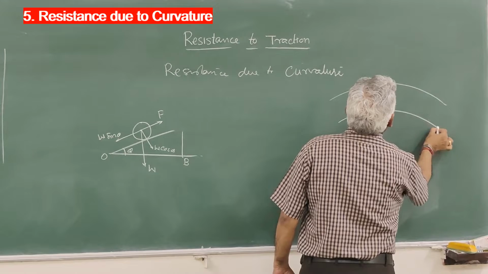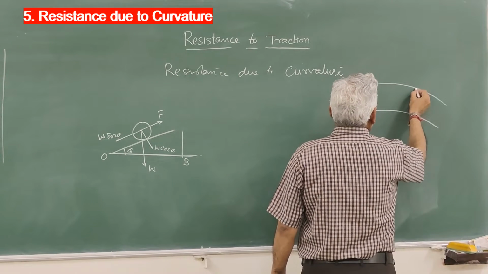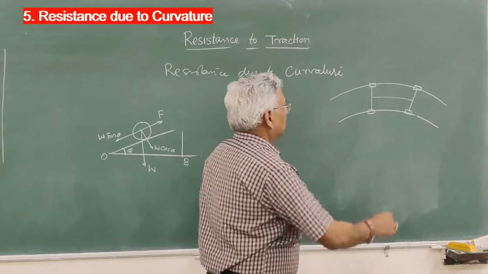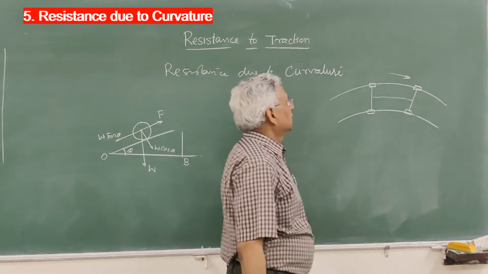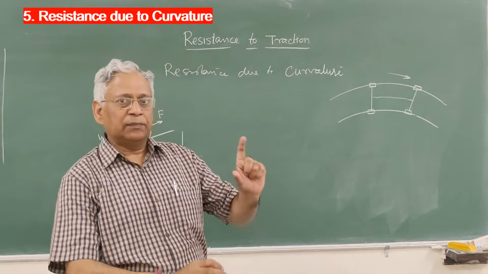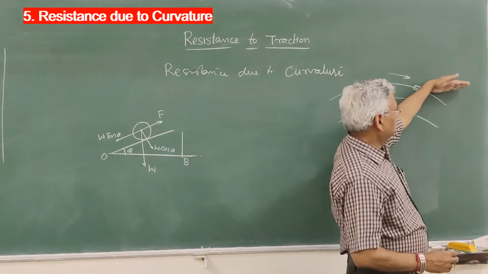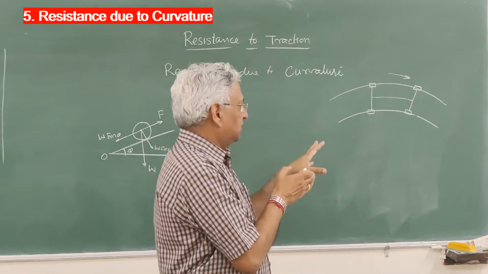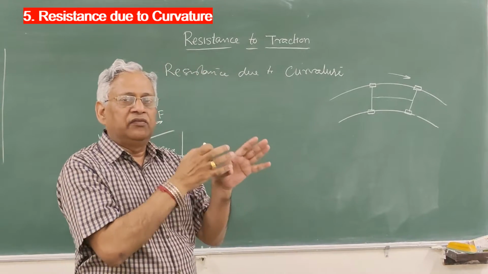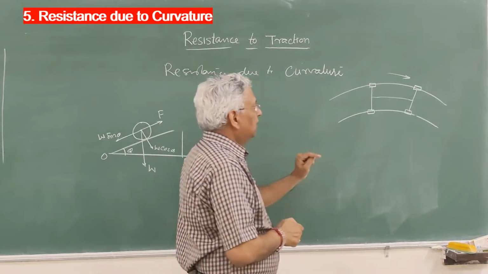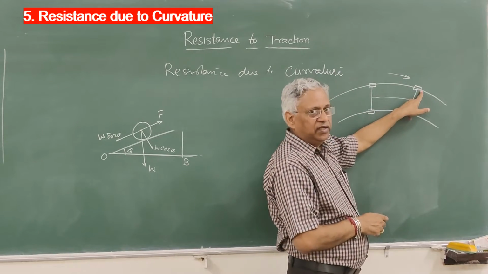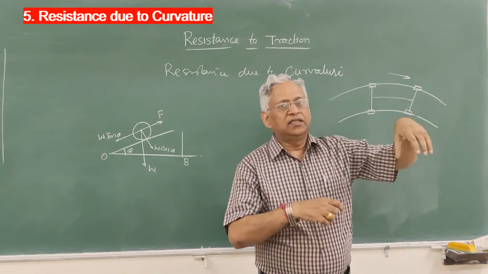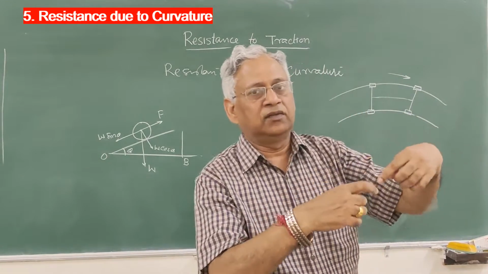When the track is laid on a horizontal curve, then movement of the train, the force applied by the engine is always in forward direction, and therefore the train or the wheels tend to move in forward direction until the wheel flange of outer wheel strikes the side of the outer rail, and then it moves continuously rubbing the side of the wheel.